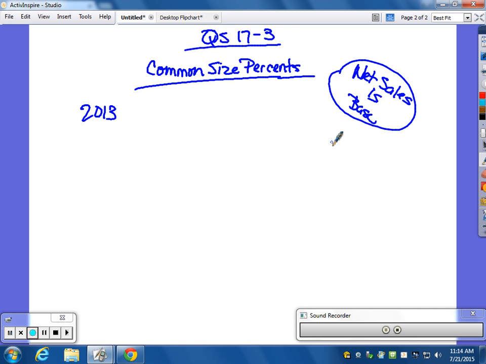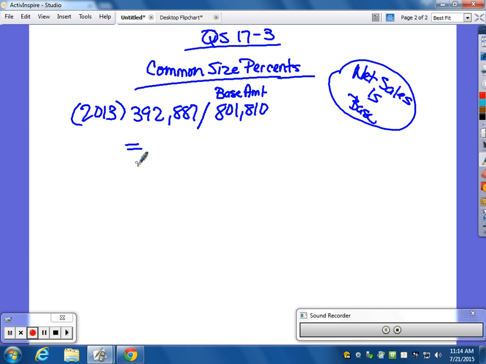What's the cost of goods sold? 300,887. And what are you dividing it by? Your net sales, 800,000. And that gives us a common size percent of what? 49%.